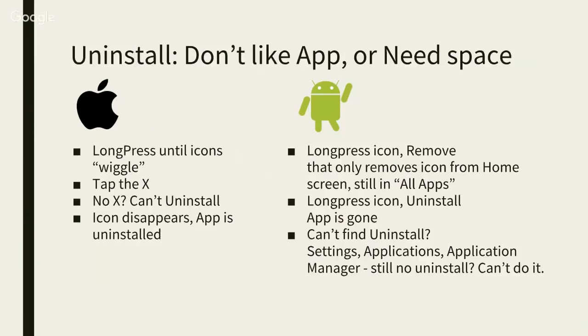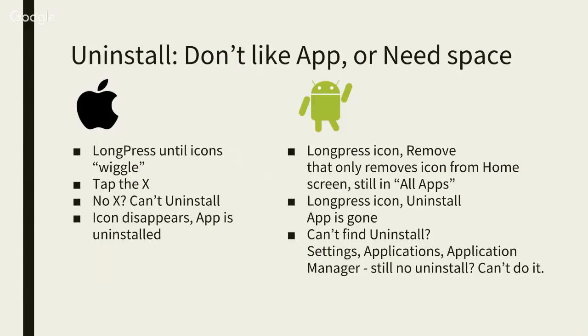And then uninstall. Why might you need to uninstall? For 2 reasons. Either you don't like the app, it doesn't do what you want it to do, or as Warren mentioned, it's bad. It uses up a lot of battery or something. Or you need the space. Your phone's getting full. You can't afford the space for that app. And on the Apple, you long press until all the icons wiggle and tap the X. Don't see an X?